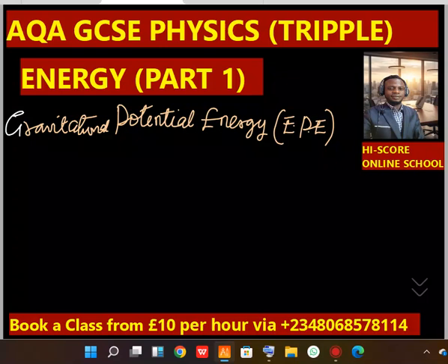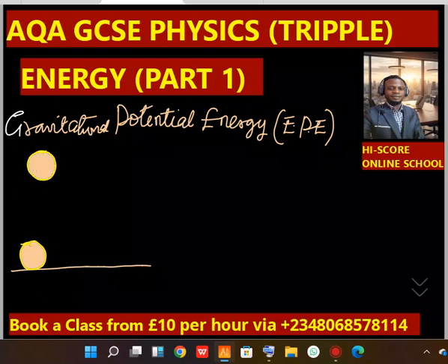in relation to the ground. If we have this as the ground level, and a body is placed here, if this body is to be taken up from here to this place, this particular one here has no potential energy.